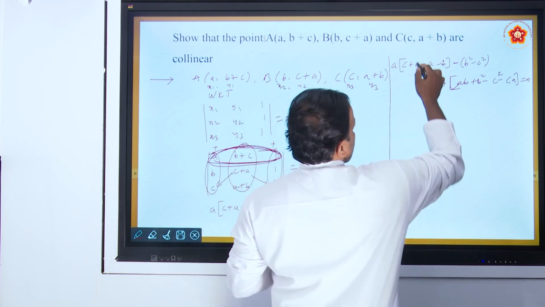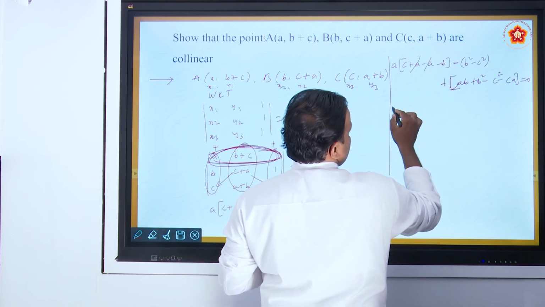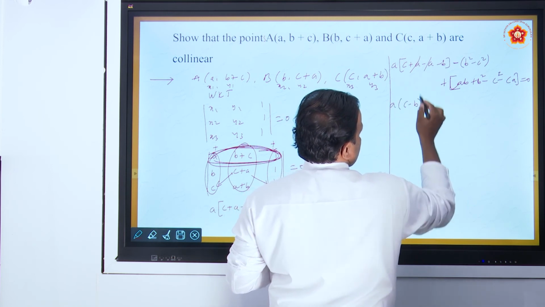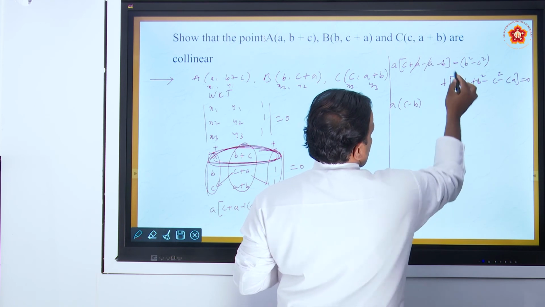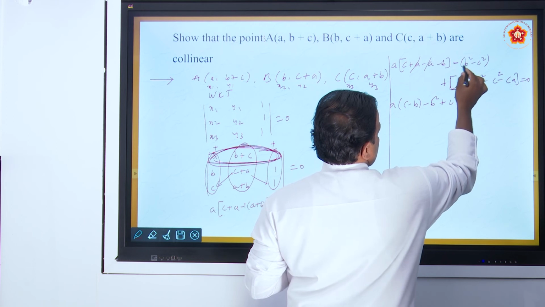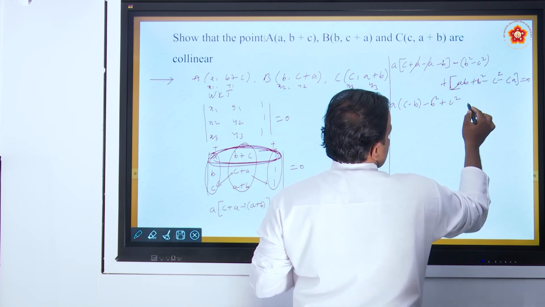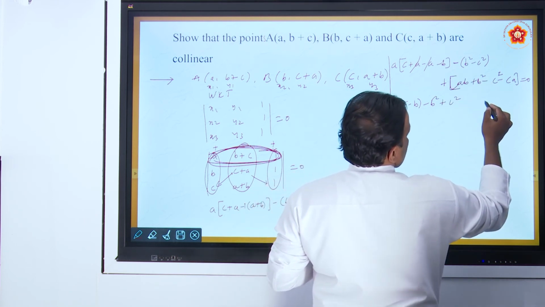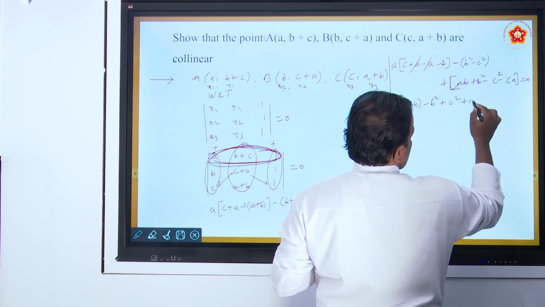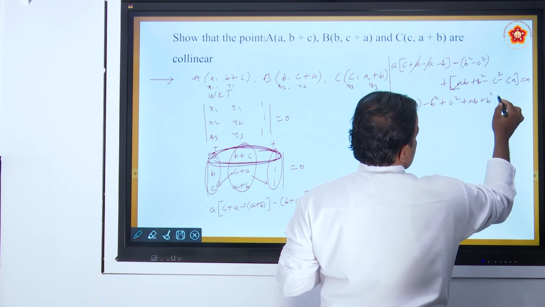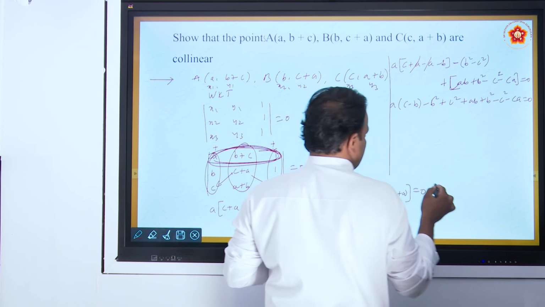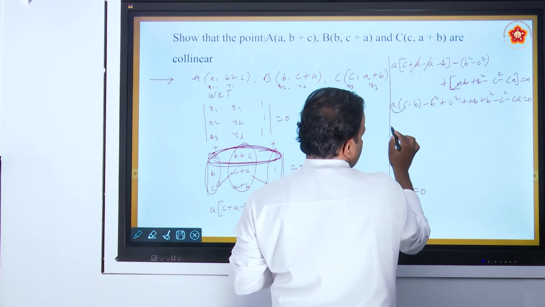Now here plus A minus A get cancelled. What is remaining here? A into C minus B is remaining. Open the bracket: this becomes minus B square plus C square, as outside is minus, minus B square plus C square. Here no term cancels. What is remaining here? Plus AB plus B square minus C square minus CA equal to 0. Multiply A into C, AC or CA.